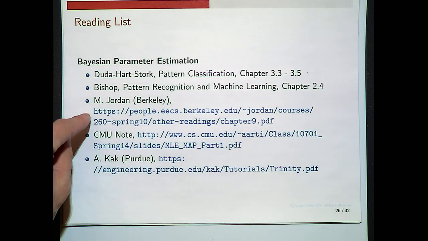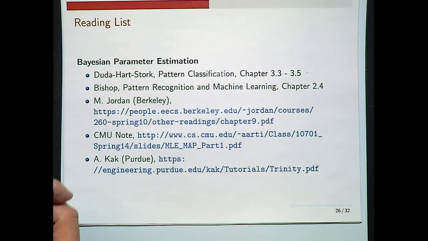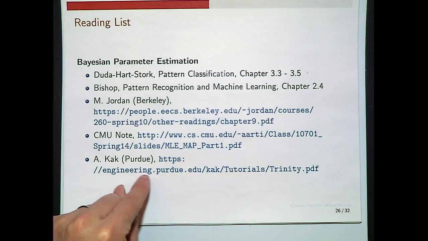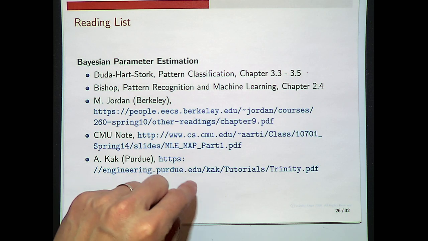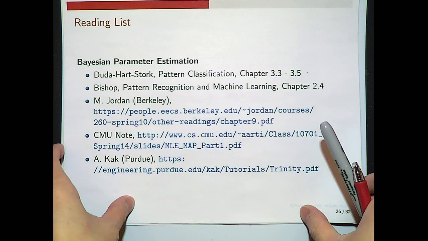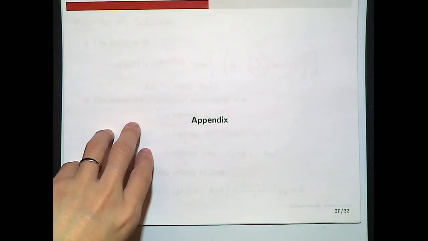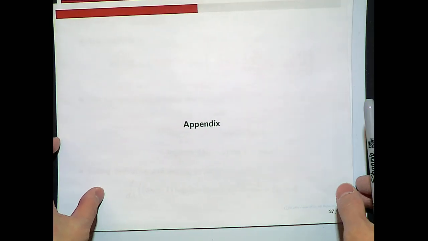If you want a little bit more understanding of conjugate priors, these two are external references. Here is a very beautiful note written by Professor Avi Kak at Purdue ECE. He has a very clear diagram illustrating the connections between likelihood, prior, and posterior, and how these three things work together. If you want more derivations, there are equations in the appendix, which you can take a look at.